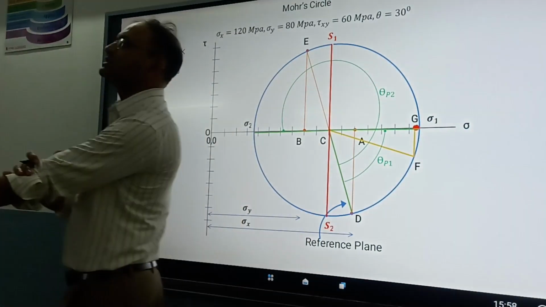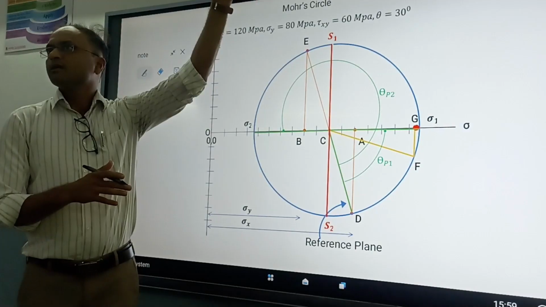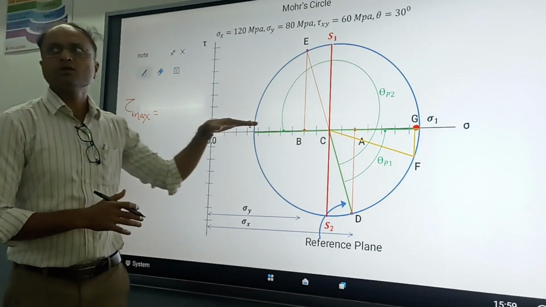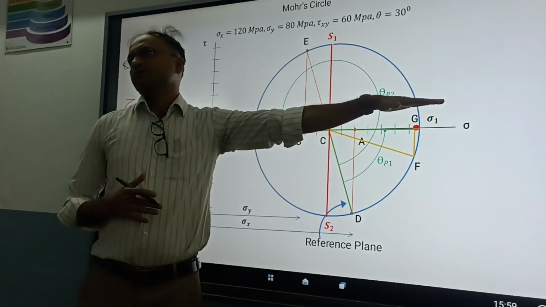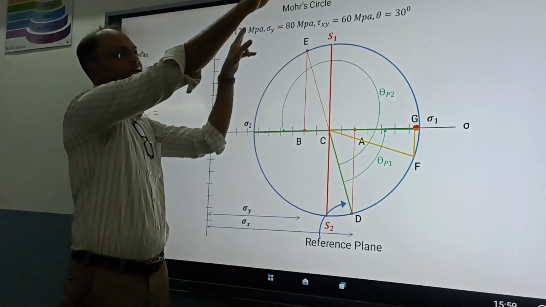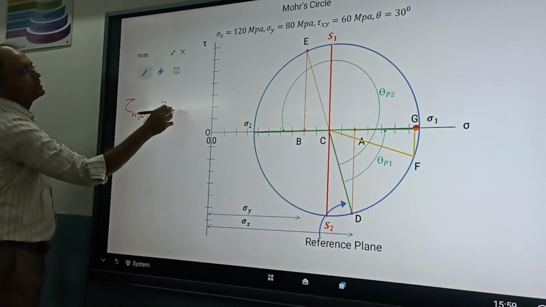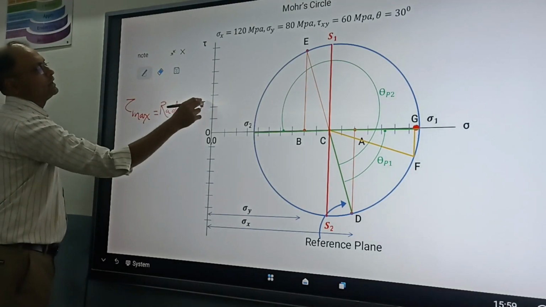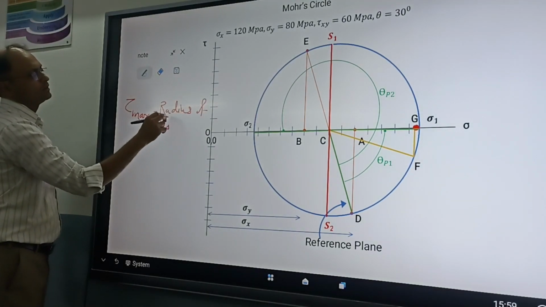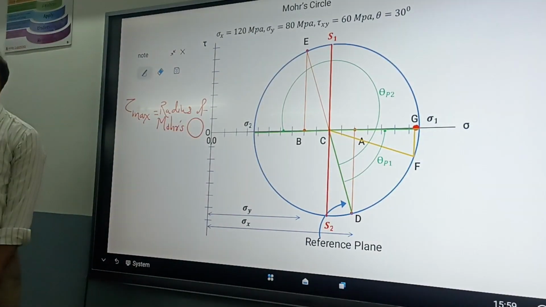Next we have to obtain maximum shear stress. We know that shear stress is always on which axis? Y axis. Normal stress is always on the x axis. Maximum shear stress is nothing but the radius of the Mohr circle. How much is the radius?